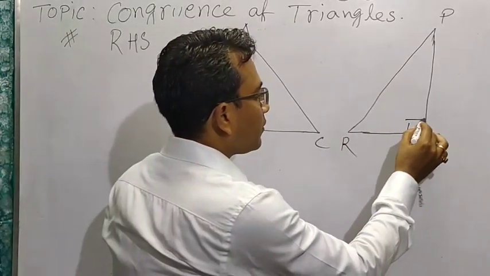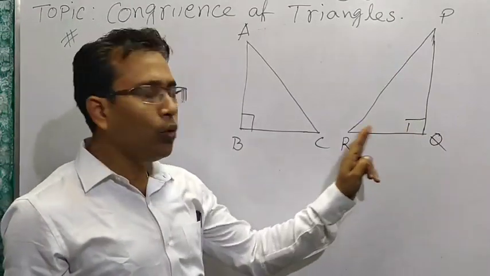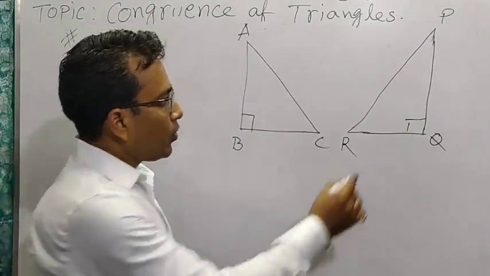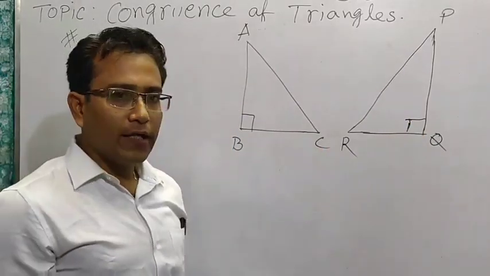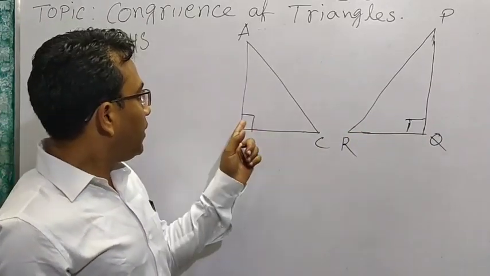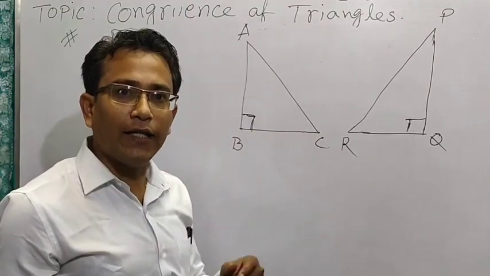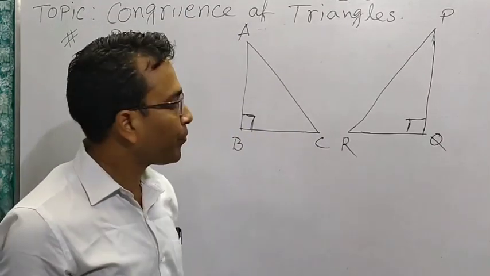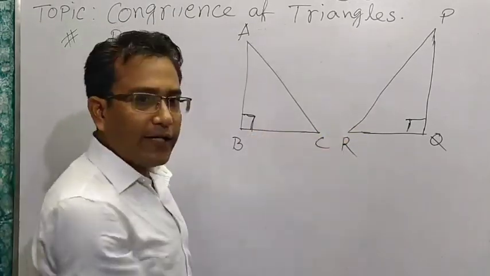Here is another right angled triangle, that is PQR. In these two triangles, both are right angled triangles. This sign normally indicates a right angle, that means it measures 90 degrees.